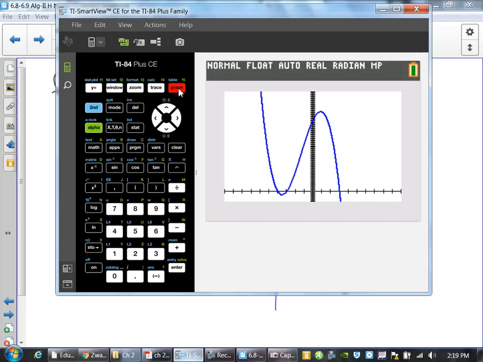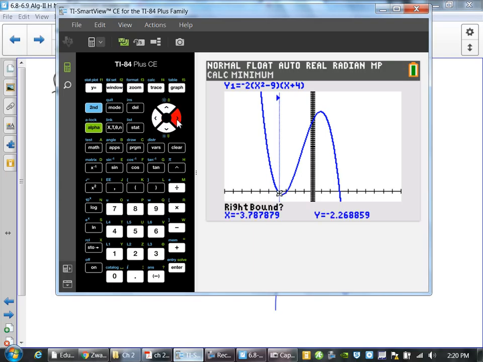And then you just go ahead and hit your second calculate, and you're going to find your minimum for the low value, the maximum for the high value. Second, trace, minimum is 3. Move my cursor over. I'm getting it just to the left of it.